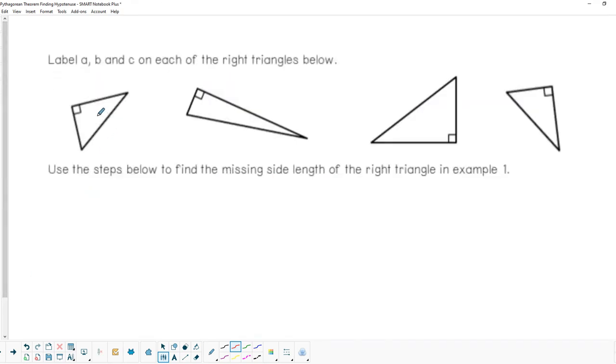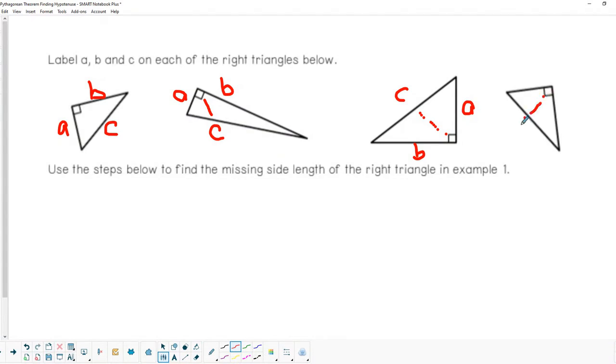Okay, so let's label these A, B, and C. We know that the two legs are A and B, and the one across from the right angle is C. That's the longest one.